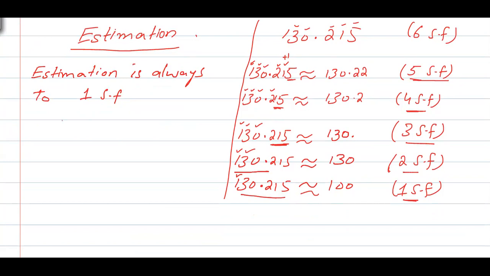Let's see how. For example, I'm writing an example: 21 times 3.15 over 25. And the question is estimate.